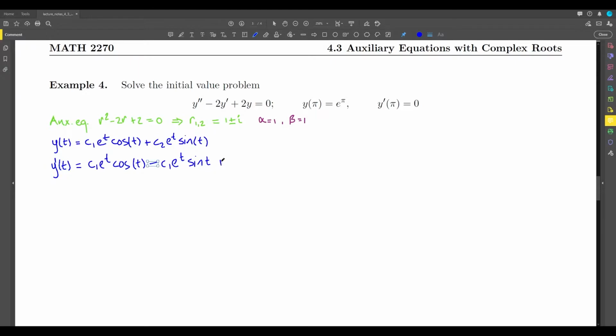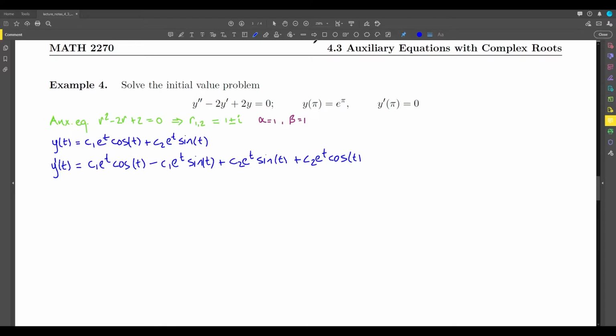And then for the second part, we have c2 e to the power t sine of t, and then plus c2 e to the power t cosine of t.